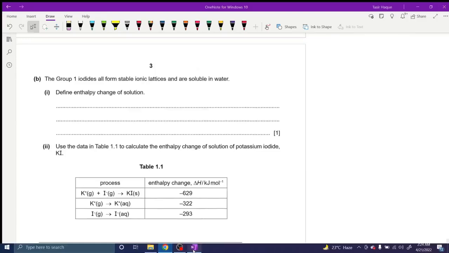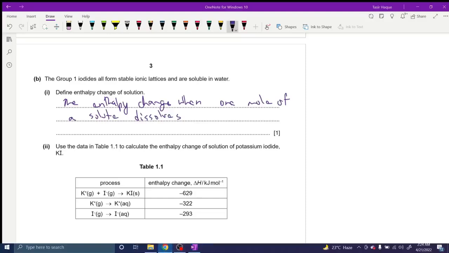Define the enthalpy change of solution. The enthalpy change when 1 mole of a solute dissolves in water to form an infinitely dilute solution, or a solution of infinite dilution.